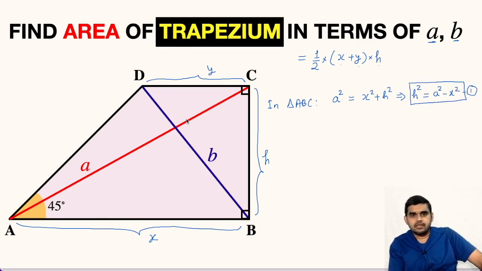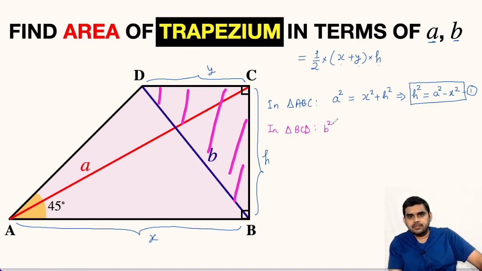Likewise, let us focus on triangle BCD. In triangle BCD, it is also a right angle triangle. So using Pythagorean theorem, we will get b square, that means square of hypotenuse, is equal to h square plus y square. So from here we will get h square is equal to b square minus y square. Let us name this as equation number 2.